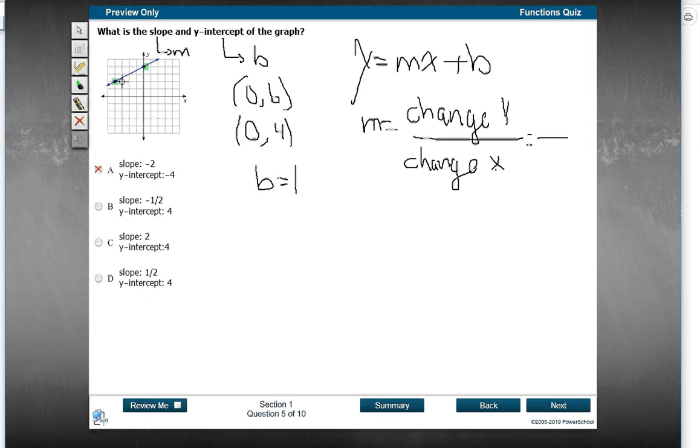So I'm going to go 1, 2, 3, 4. So I can draw that line like so. I'm saying, okay, that's plus 4, and then I have to go up 2. Plus 2. And that kind of makes sense since we know it's going to be a positive slope.